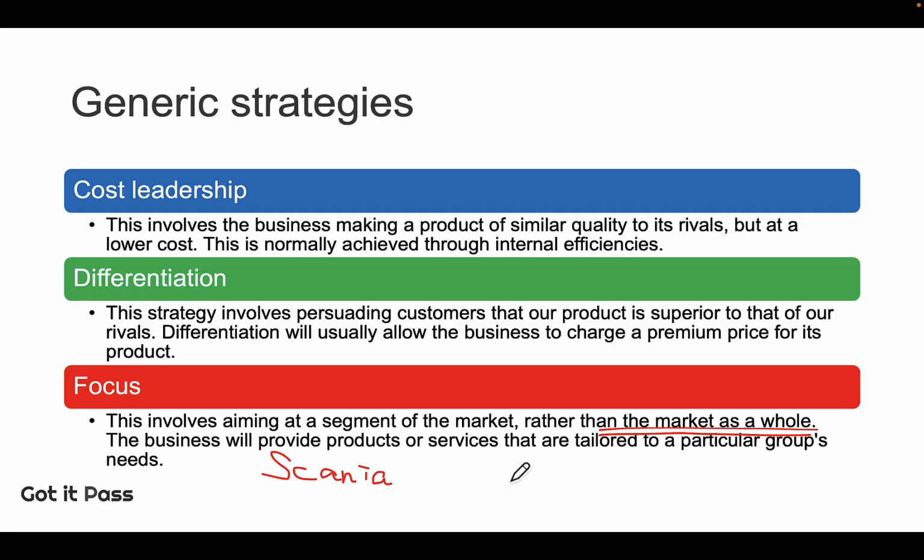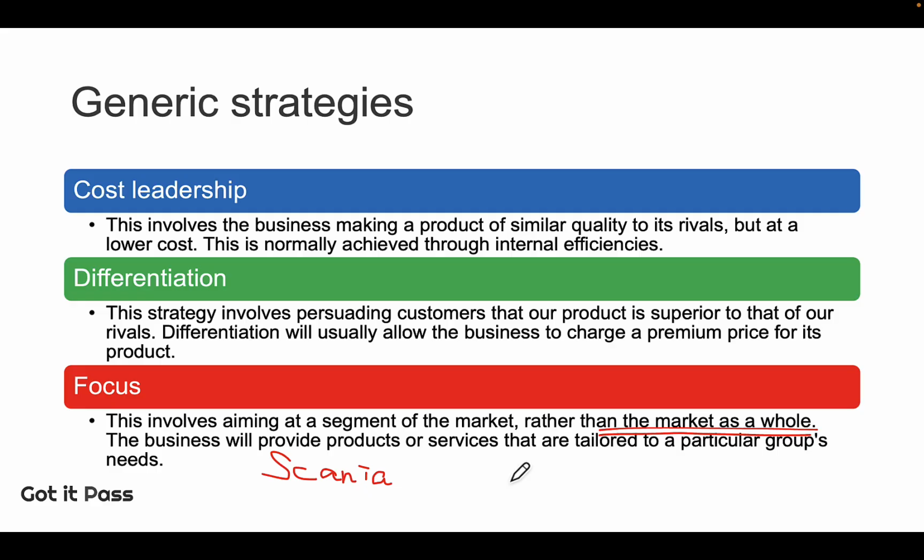And after the 5 forces analysis, a firm or an organization needs to consider which strategy here, whether it's cost leadership, differentiation, or focus, is the best for the organization to go in the future. So here we discussed cost leadership, differentiation, and focus.